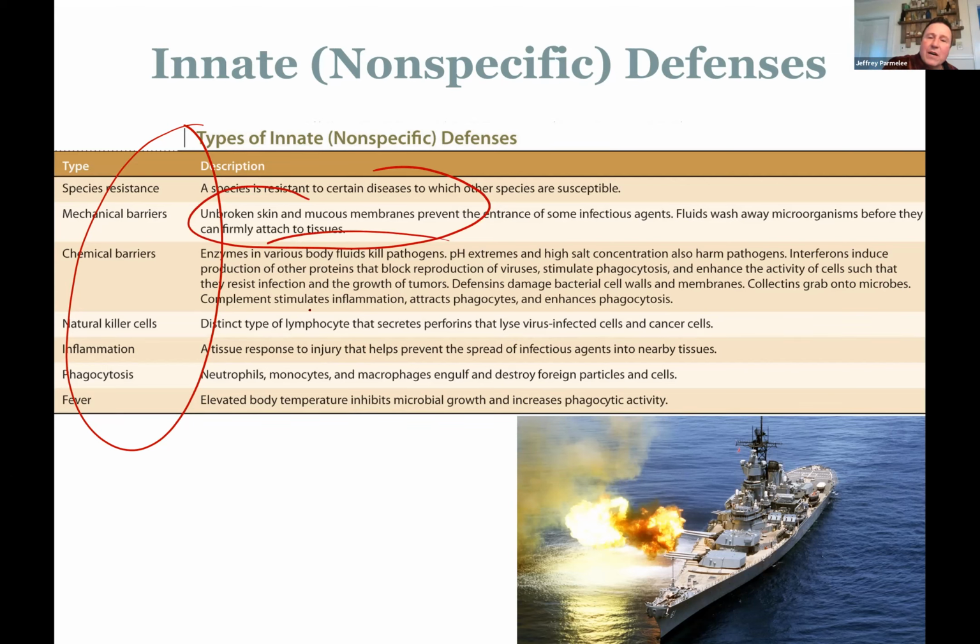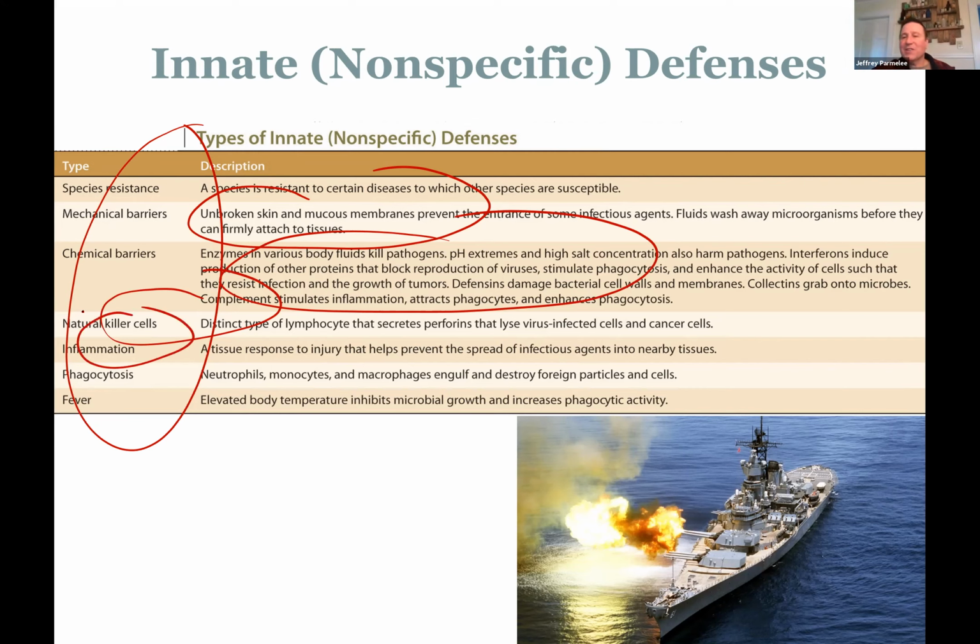Other chemicals, I did talk about defensins and complements, interferons. These are some chemicals you should recognize that work against viruses and bacteria in general. Natural killer cells are a type of T cell that are not specific, but they recognize especially cancer and virus-infected cells and just destroy them, kill them cell to cell.